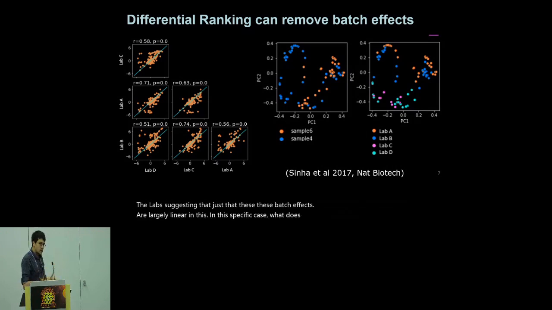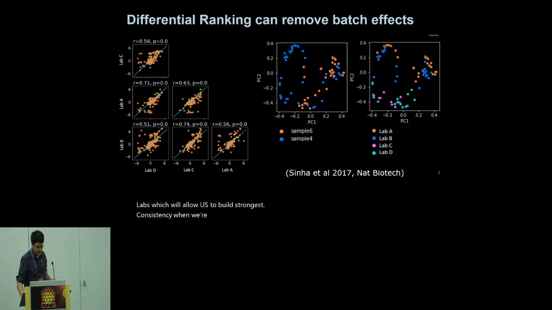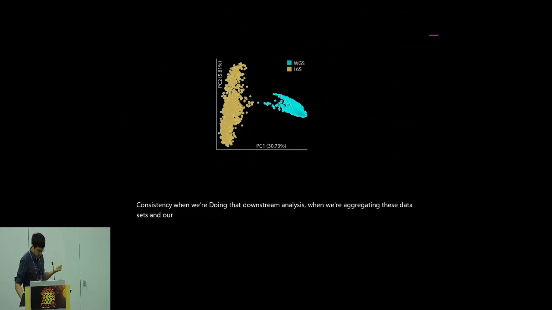The implication here is that when we perform differential abundance per lab, we can aggregate the differences across the labs, which will allow us to build stronger consistency when we're aggregating these data sets in our downstream analysis.